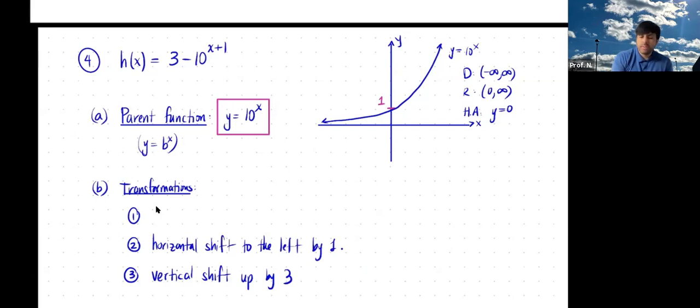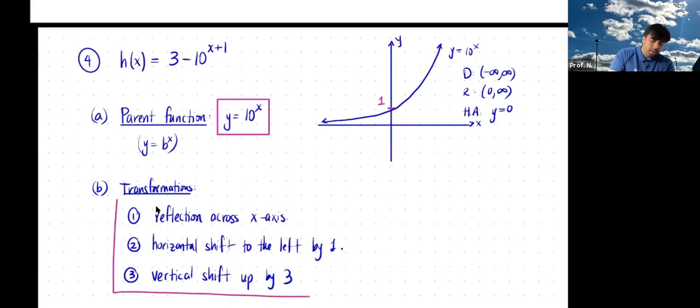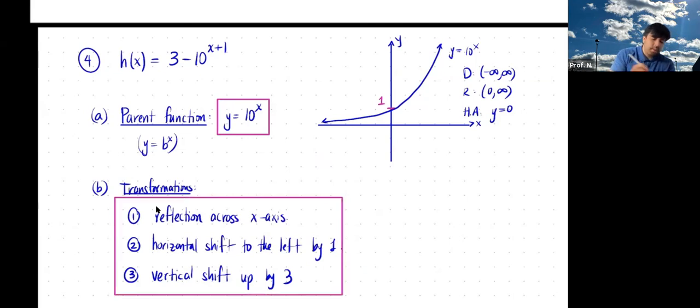But what kind of reflection is it? Is it horizontal or vertical? Is it across the y-axis or across the x-axis? It is a reflection across the x-axis. Good. So I identified all the transformations that I'm going to apply to the parent function.